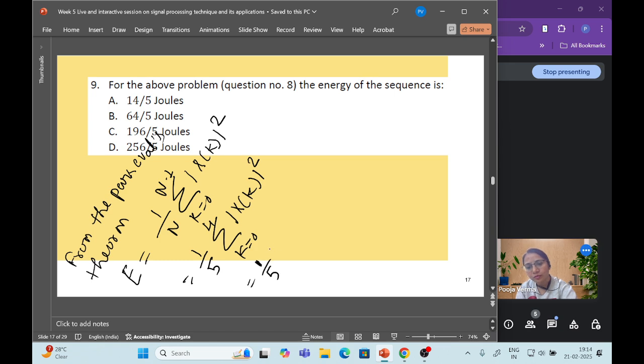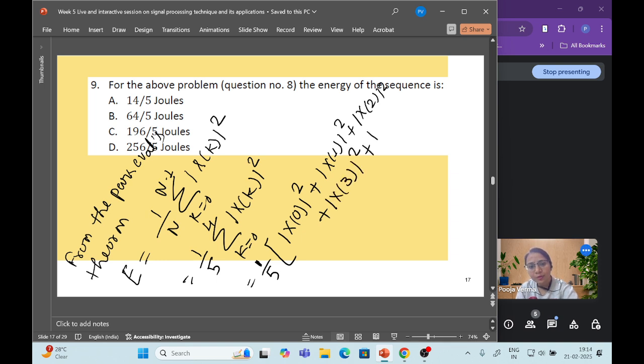Now open the summation: mod x of 0 square plus mod x of 1 square plus mod x of 2 square plus mod x of 3 square plus mod x of 4 square, right?